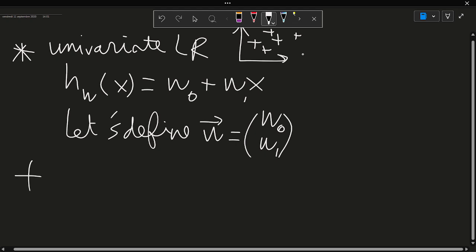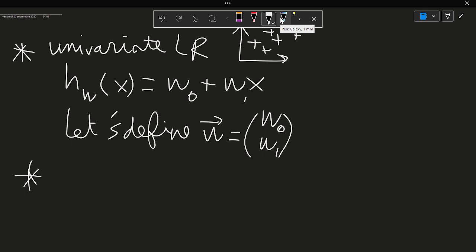So let's be more formal. The linear regression task is the task of finding an h_w that best fits the data. And to do that, we find the w0 and w1 that minimize the empirical loss, right? Of course, here we'll have to decide what the loss is.